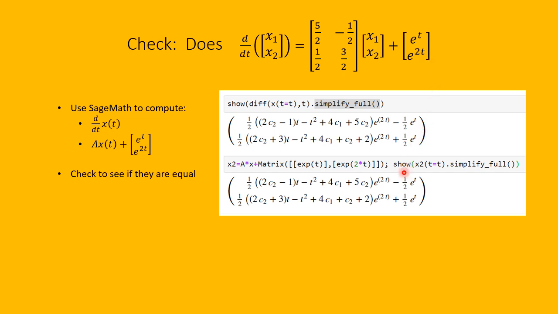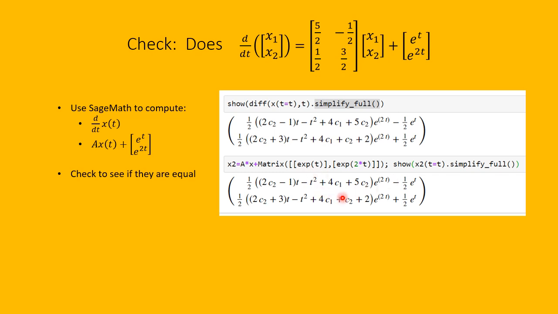And then we want to see what that is. So show x sub 2 of t, and once again simplify it fully. Simplify, underline, full, with a dot here. So we're taking whatever this is, an algebraic expression, and simplifying it, and that's what we're showing. And when we do, we get this stuff.